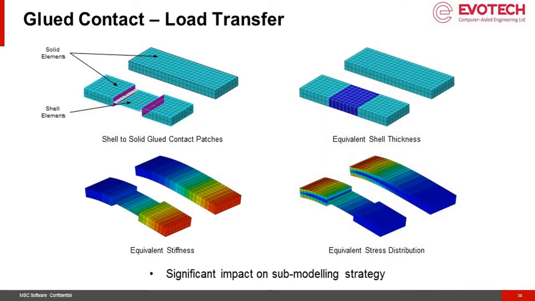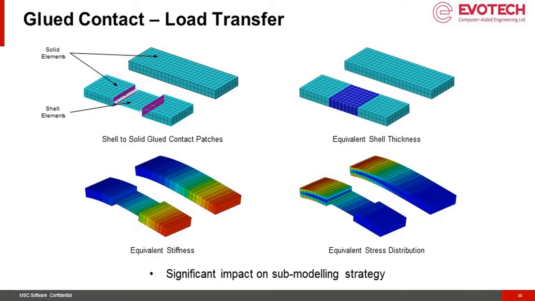If we look at some of the load transfer effects for glued contacts, in this case we're looking at a comparison between a fully solid cantilever beam modeled with hex elements and then a hybrid shell to solid glued contact definition, so that the mid portion of the beam is replaced from a solid to a shell representation with glued contact, which gives us accurate force and moment transfer at the interface, and we can show that we've got equivalent shell thickness.